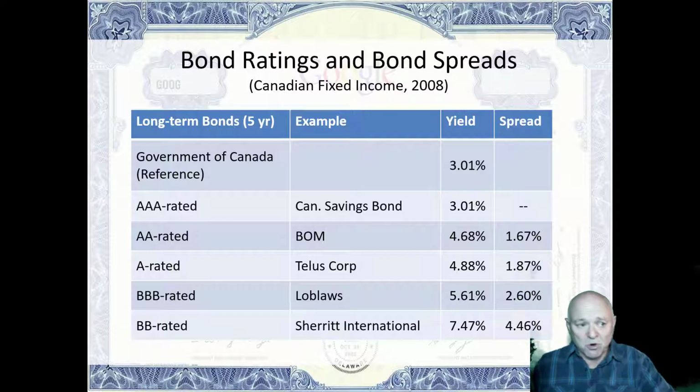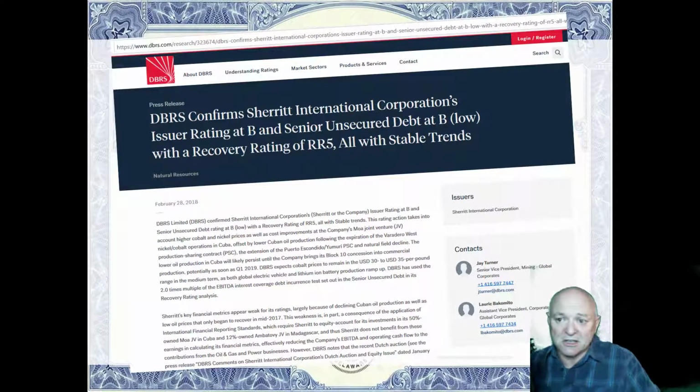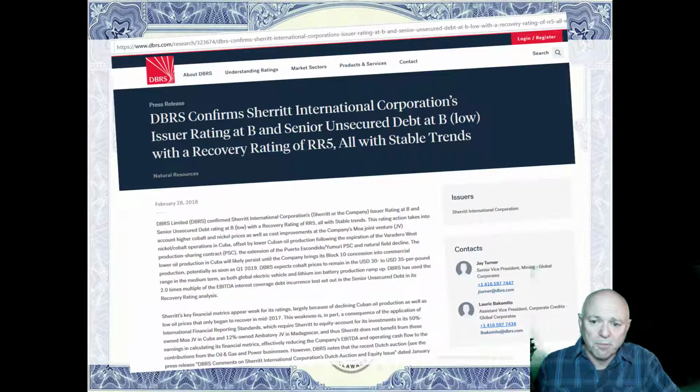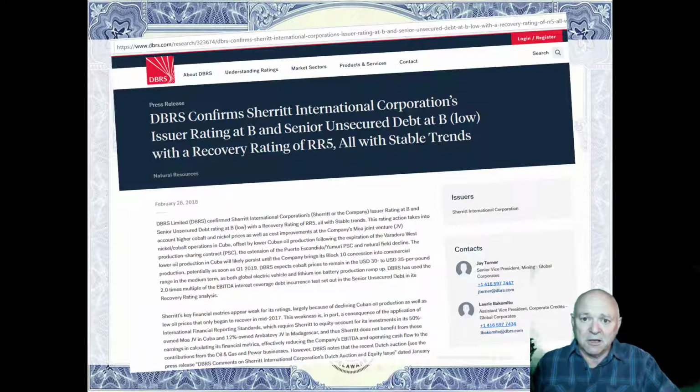If you did some more research, you could find out that companies like Dominion Bond Rating Service, and this is a much more current report, constantly review companies like this, and they either downgrade, upgrade, or decide to maintain a current credit rating. In this case, they've said for Sherritt International, they're going to confirm their rating at single B, and for their senior unsecured debt, the debenture at B, but also at a low rating.